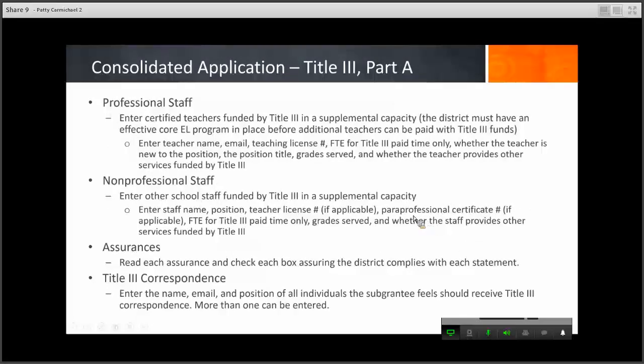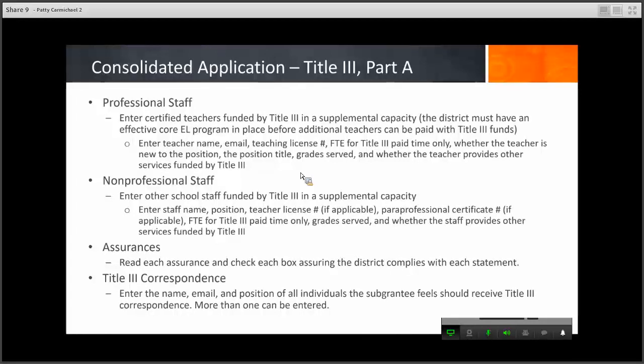And then a couple other areas in that Title III section, we have a professional staff area where you list any professional staff who are actually getting paid with Title III funds. Now remember, any professional teachers or certified teachers working with Title III funds must be supplemental to a core program that you already have in your district.